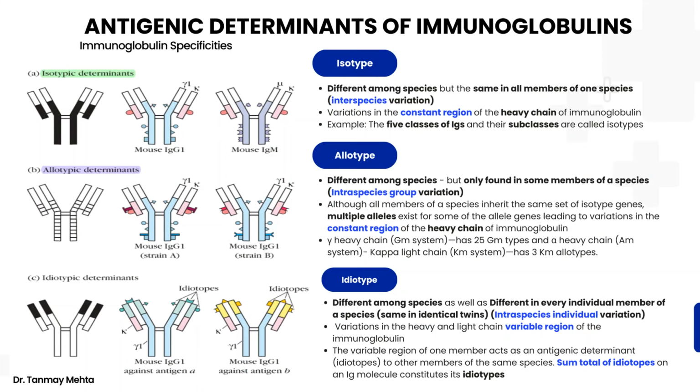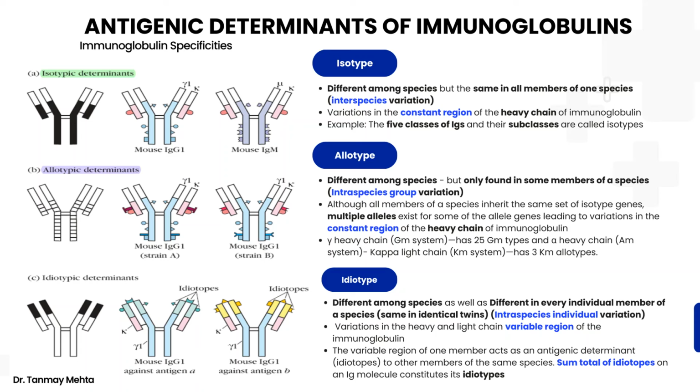So they are the same in identical twins though. So intraspecies individual variation is there, and here the change is in both light and heavy chain, but in the variable region or antigen binding region. And the sum total of idiotypes of an immunoglobulin molecule constitutes the idiotype.